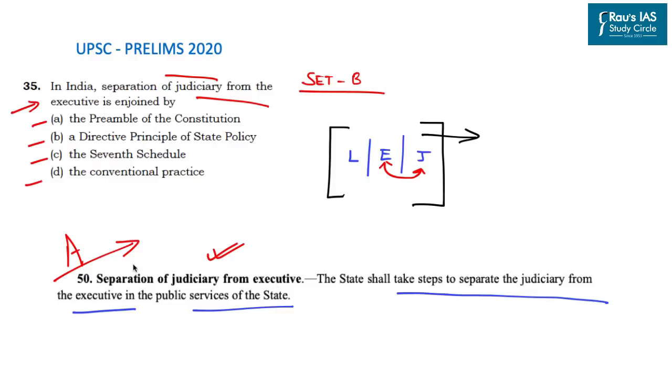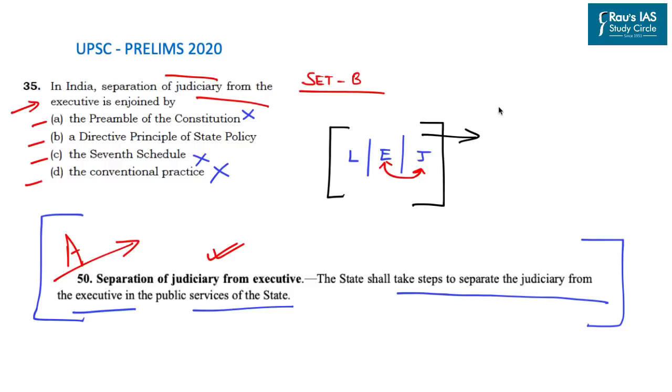The question is asking in which of the following options this aspect, which is prescribed in the Indian Constitution, is provided. Now, since it is in Article 50, preamble as well as 7th schedule, including conventional practice, can be straight away ruled out. Now, for this, you have to know two aspects. One, that the separation of executive from the judiciary is provided within the Constitution.